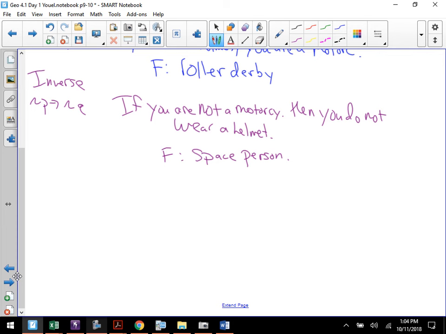And then the last one was the contrapositive. Not Q implies not P. If you don't wear a helmet, then you're not a motorcyclist. And again, people that are motorcyclists don't wear helmets all the time.